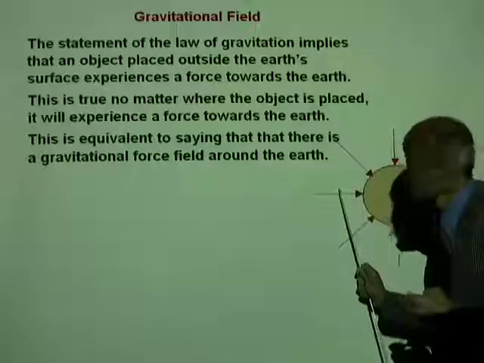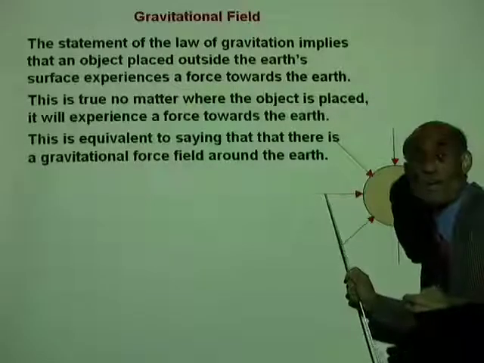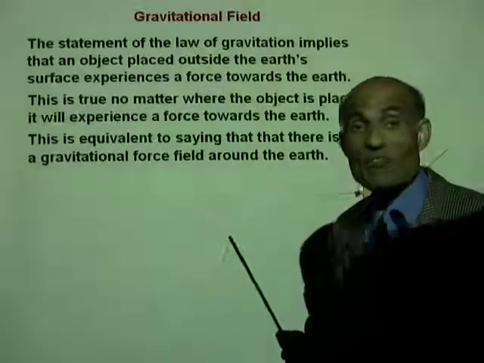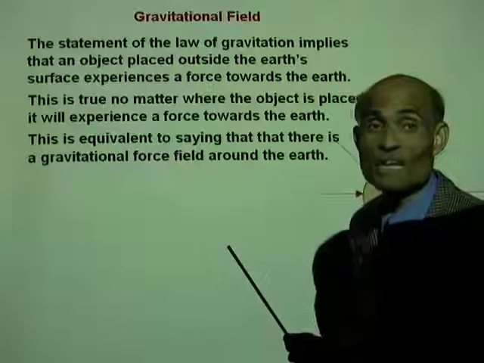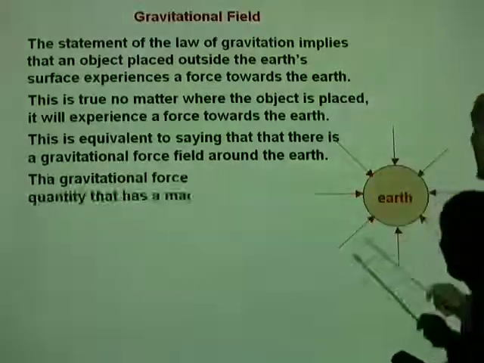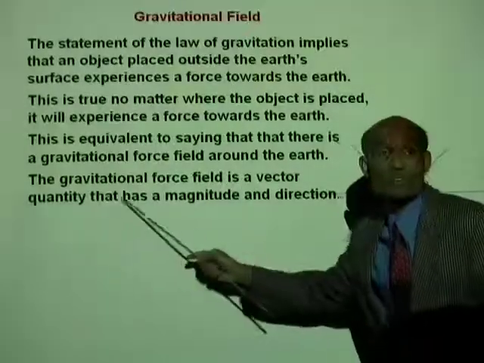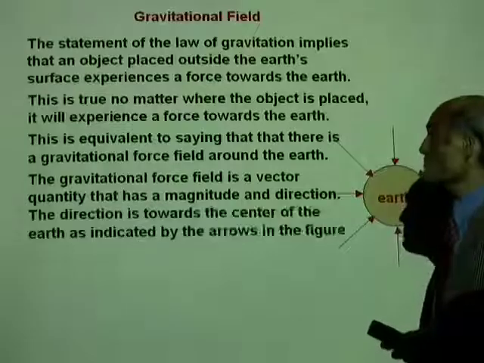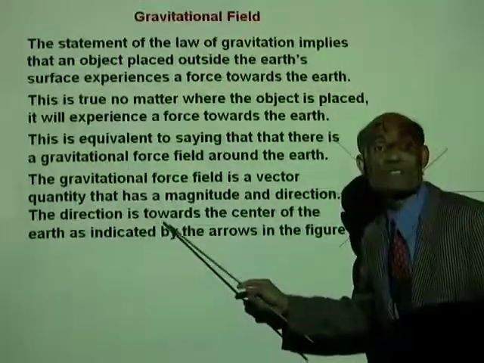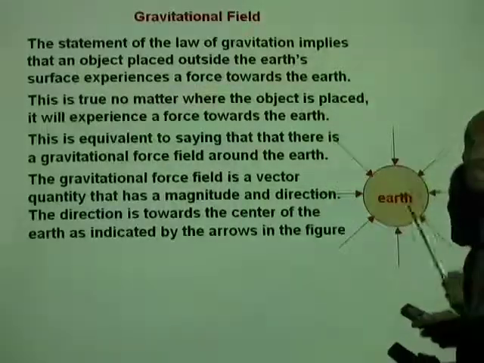Magnitude is the amount of force an object will experience, and the direction is towards the Earth. You see, a field is a vector. It has a magnitude and a direction. All right. The gravitational force field is a vector quantity that has a magnitude and direction. The direction is towards the center of the Earth, as is indicated by these arrows.